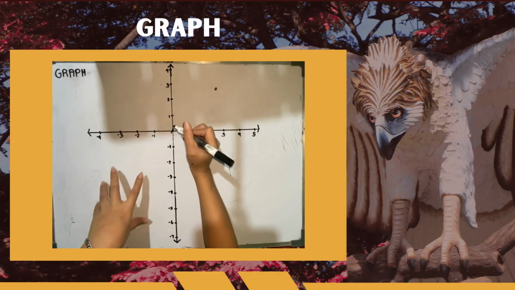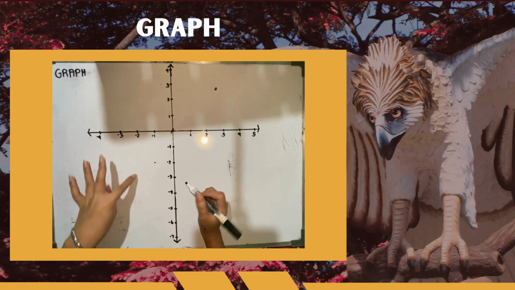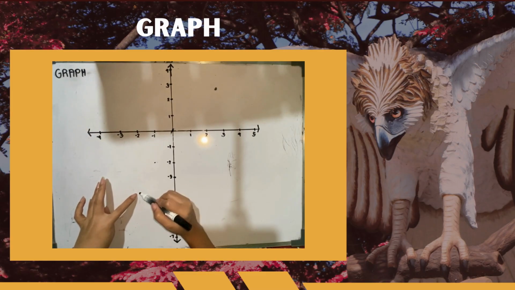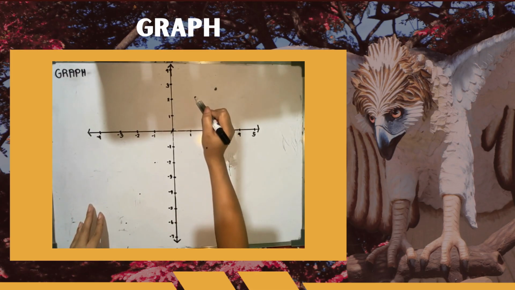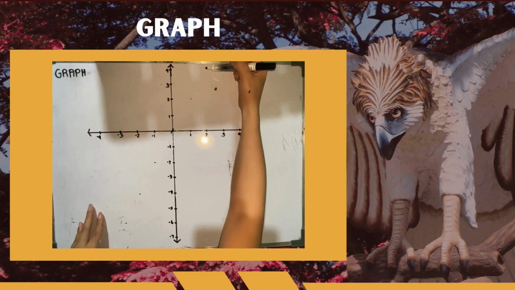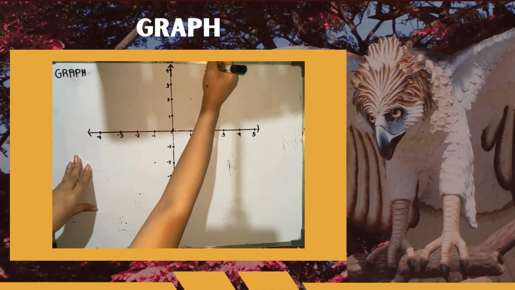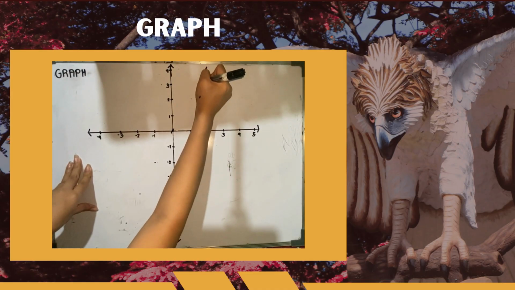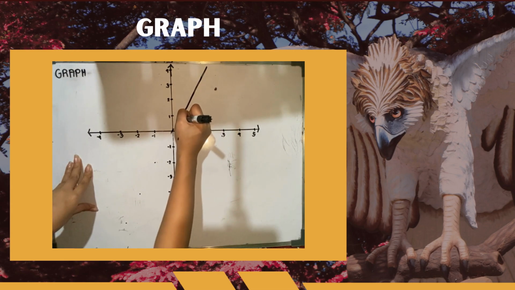Since we're done with our table of values, we can easily do our graph. First, we have to plot each point. Then, we have to connect those points. Now, we carefully plot the points and connect them.